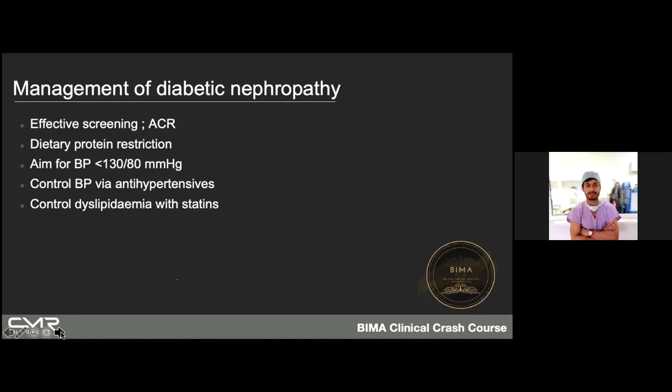A lot of recent trials are showing that there's a lot of benefit for the individual if they have an ACE inhibitor and an angiotensin 2 receptor blocker, so a sartan, running concomitantly.